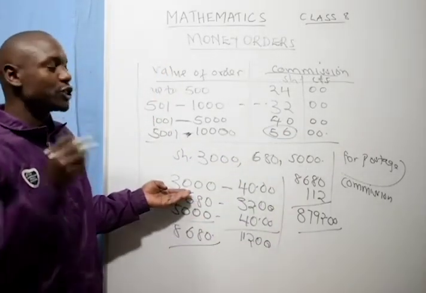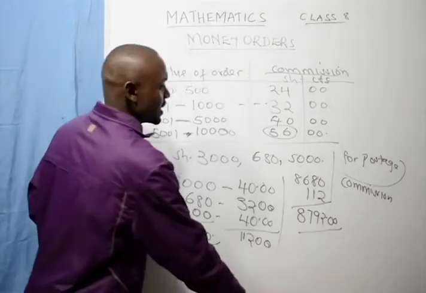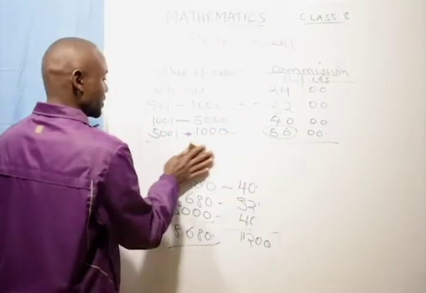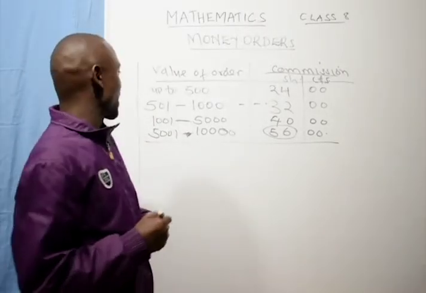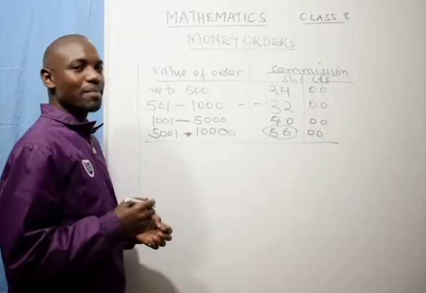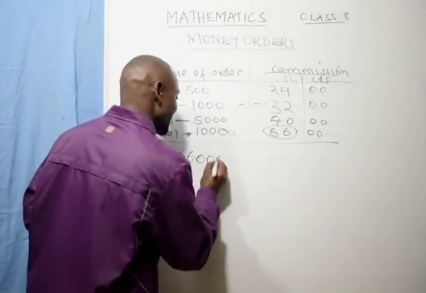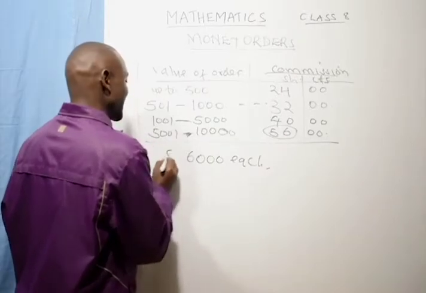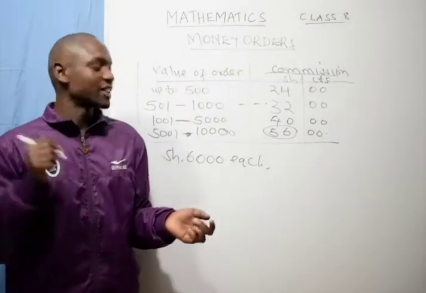Just take each value of order independently, because sometimes you'll be told somebody sent 3 money orders worth 6,000 shillings each.